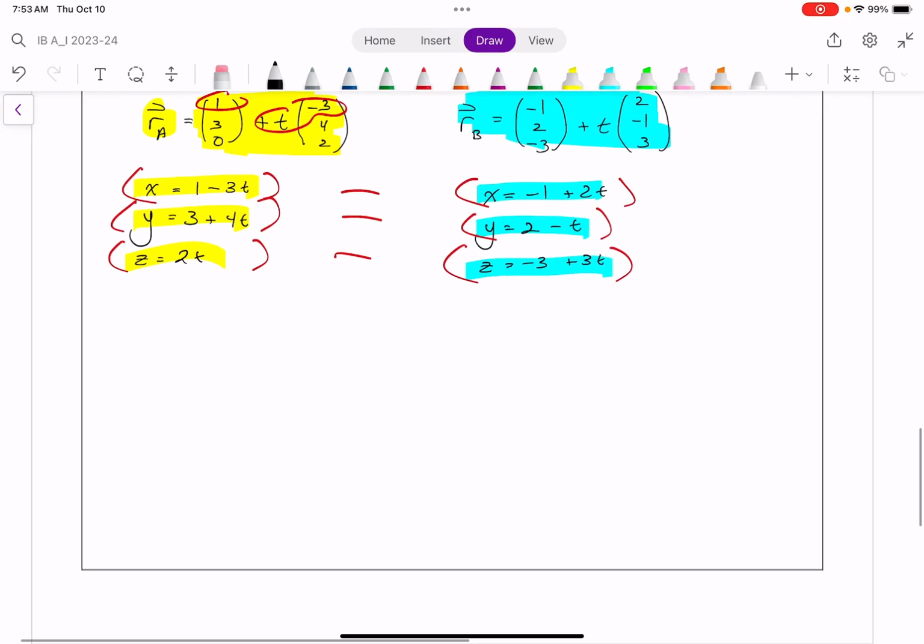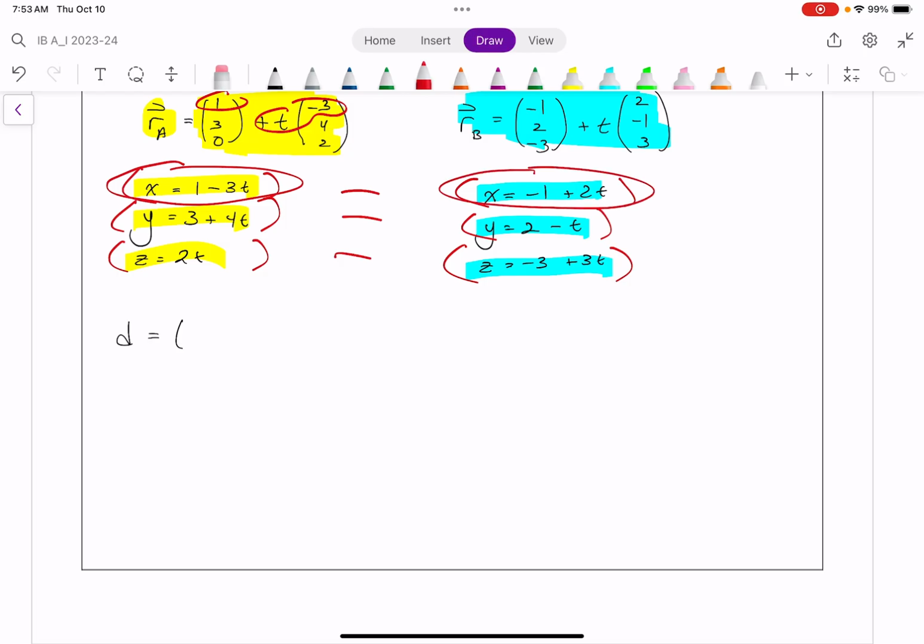So the distance will equal, I'll draw the square root later, the difference between my x coordinates, so this minus this, or really 1 minus 3t minus negative 1 plus 2t. Subtract those two, you get 2 minus 5t, and it's that squared. Keep in mind, if I subtract the other way around, we'd get 5t minus 2, which when you square it makes no difference.